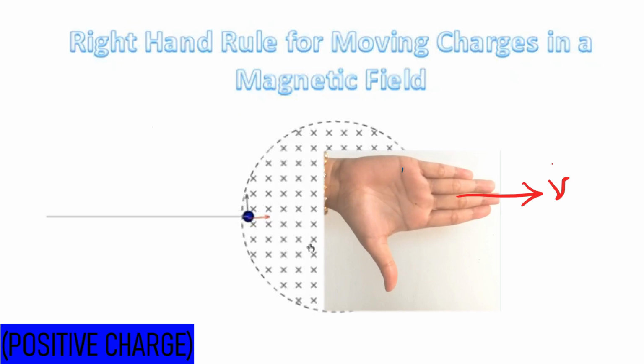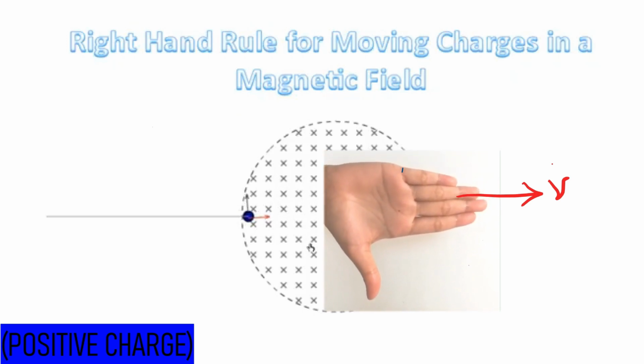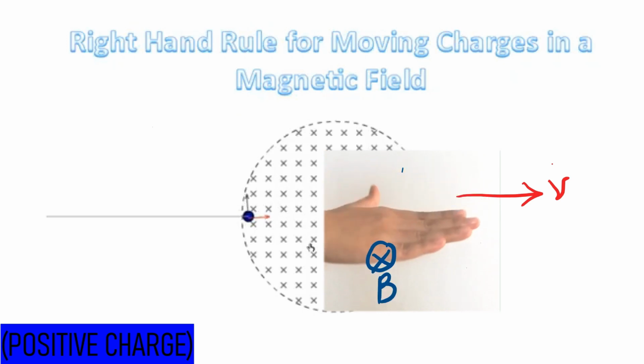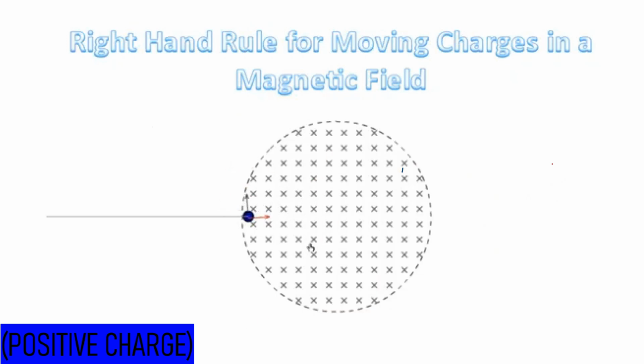For this case, the magnetic field is into the page, so you have to turn your hand so that your palm is facing into the page. Like this. And your thumb will show the direction of upward magnetic force. So this black arrow here shows the direction of magnetic force. That is why you can see that the charged particle continues to deflect upward.